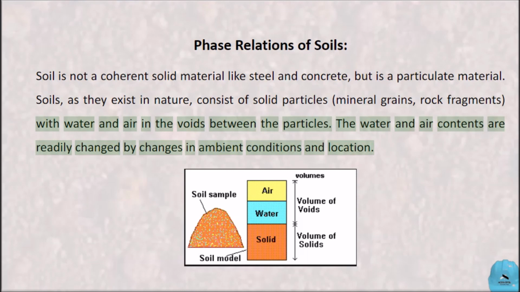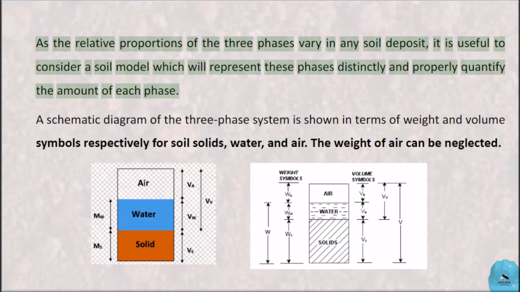The water and air contents are readily changed by changes in ambient conditions and location. As the relative proportions of the three phases vary in any soil deposit, it is useful to consider a soil model which will represent these phases distinctly and properly quantify the amount of each phase.